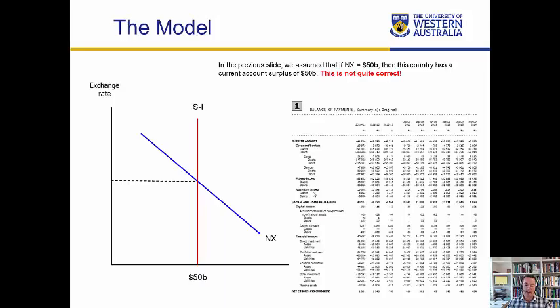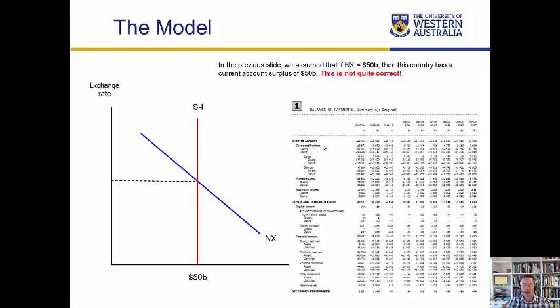So I'm really saying that in this simplified model there's only one part of the current account, and that is goods and services, which is net exports.